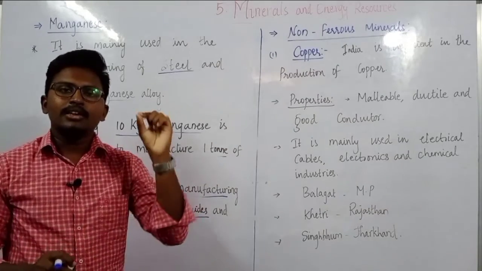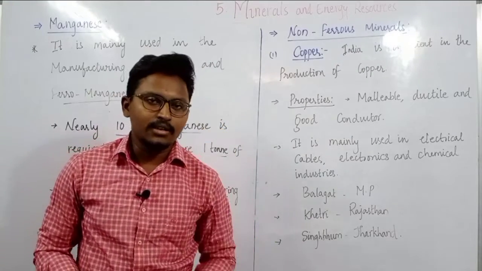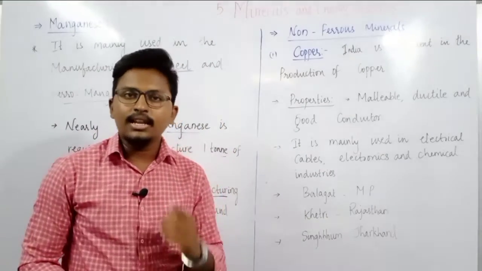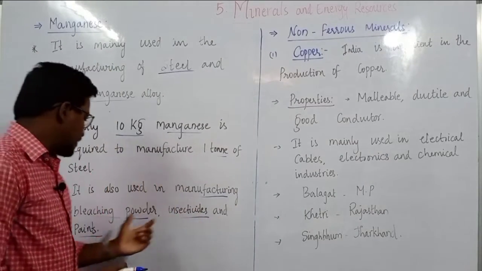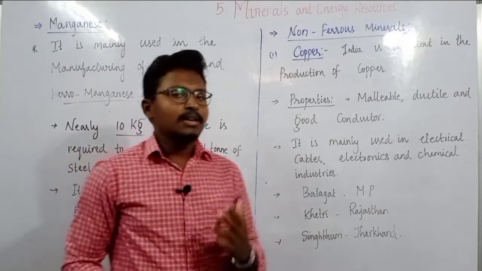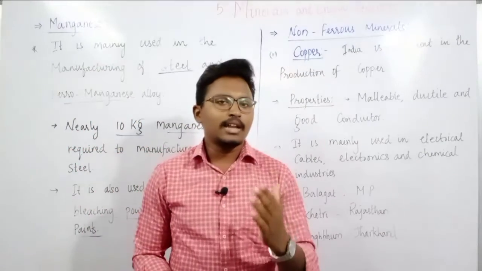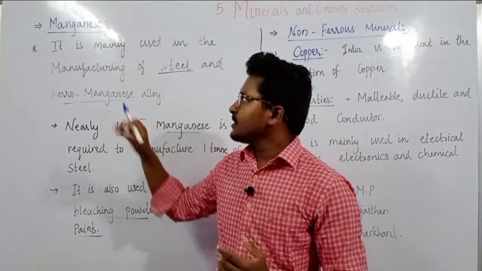So basically the main purpose of manganese is the manufacturing of steel, but not only steel, it is also used in bleaching powder, insecticides as well as paints. So these are two very important ferrous minerals which are available in the country. One is iron ore and the second one is manganese.